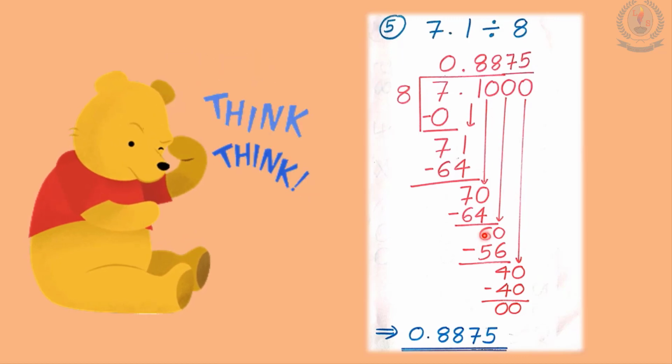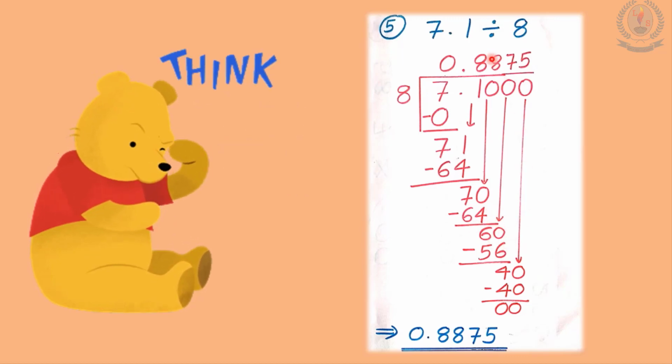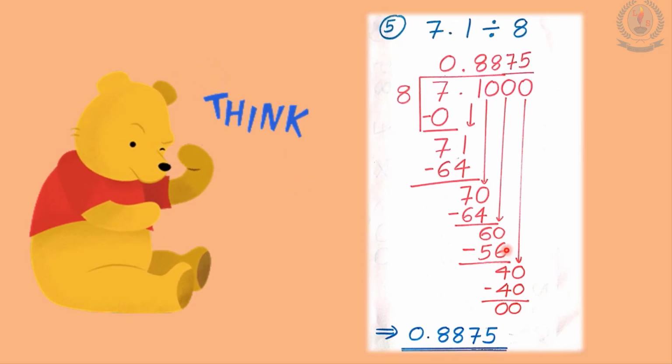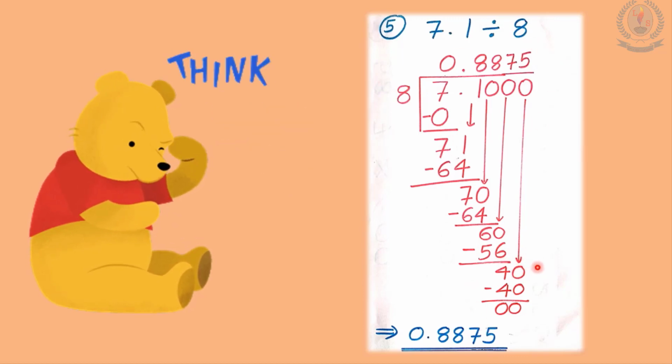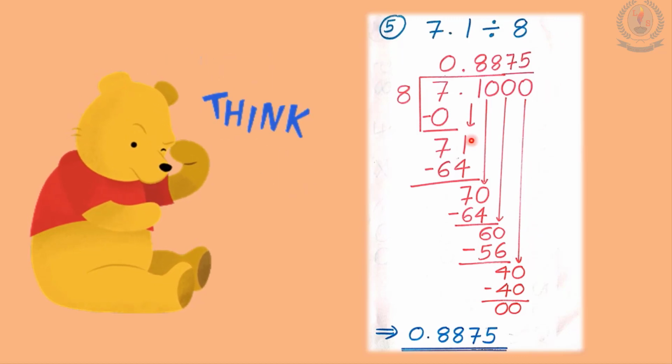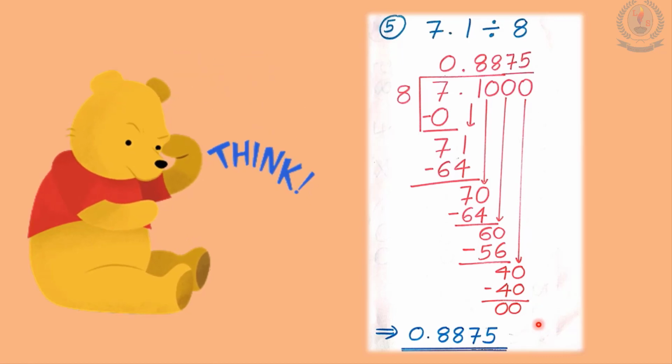For 70, 8 times 8 is 64, again 6 is remaining, so again you have to add another 0 and take it down, then 60. For 60, 8 times 7 is 56, then 4 is remaining. Again you have to put a 0 and take it down, then 40. 8 times 5 equals 40.